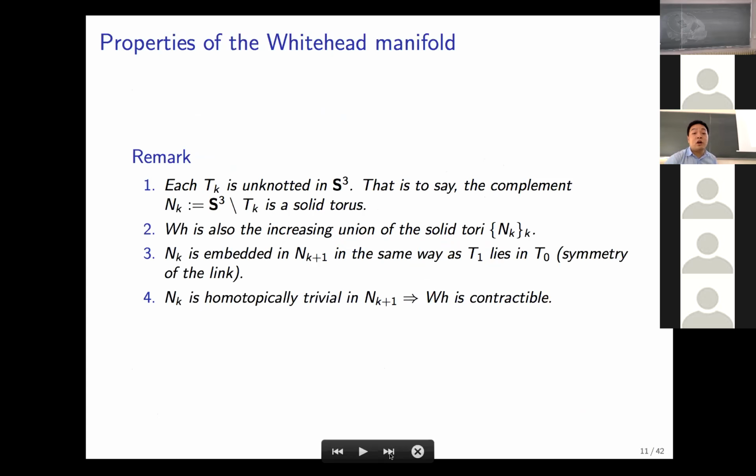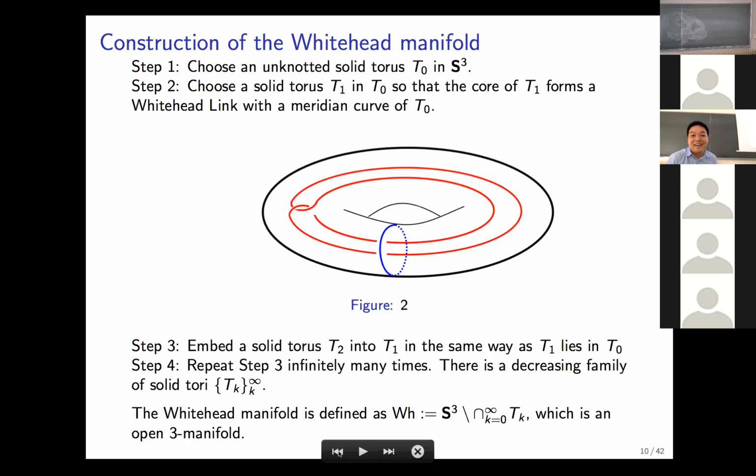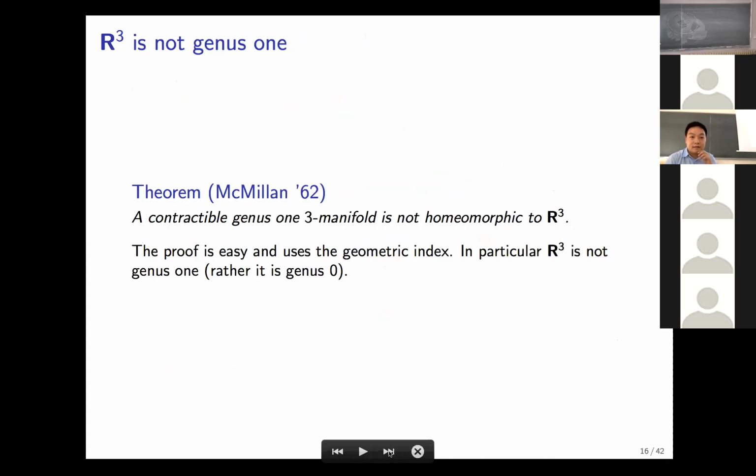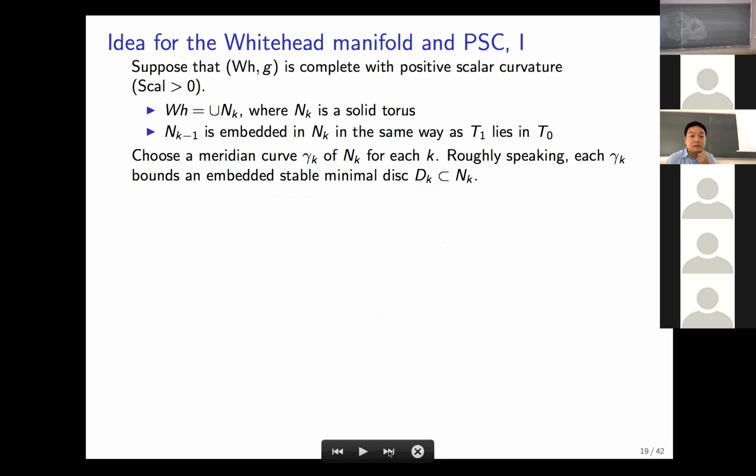Here, the solid torus is N_k, the red curve is N_{k-1}, and the blue curve is gamma_k. Gamma_k is a meridian curve of N_k. So we choose a meridian curve gamma_k of N_k for each k.